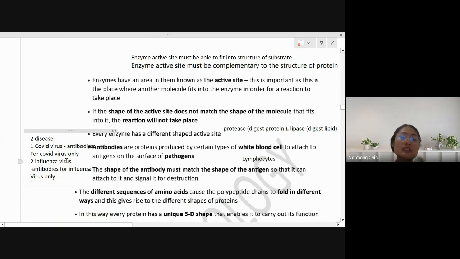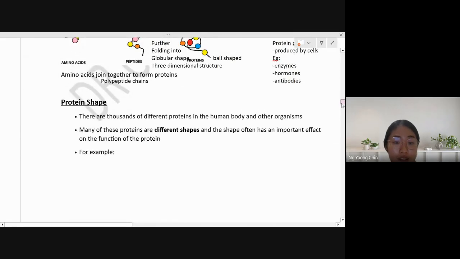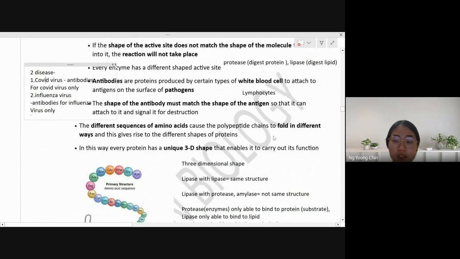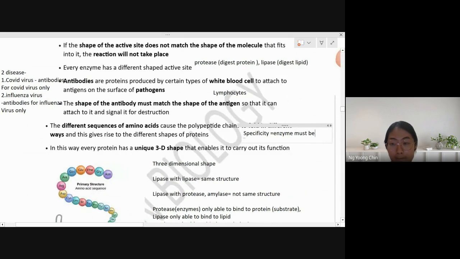So in proteins, we always talk about specificity. Enzymes must be specific in their action due to their shape, due to their structure.